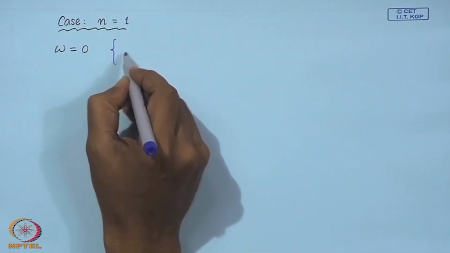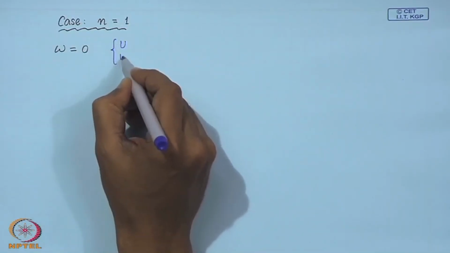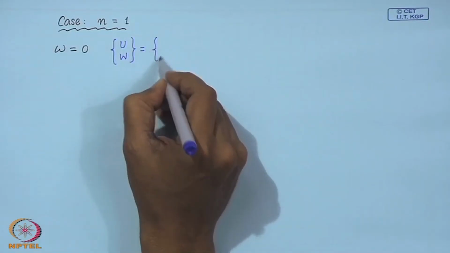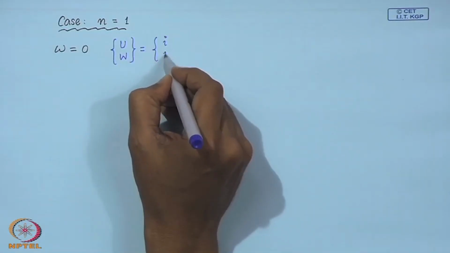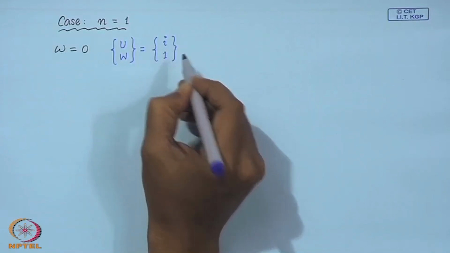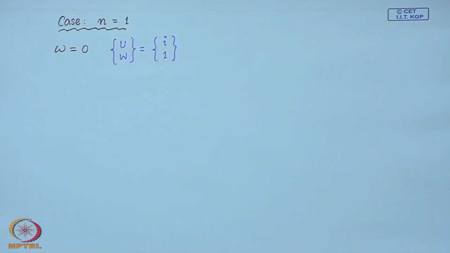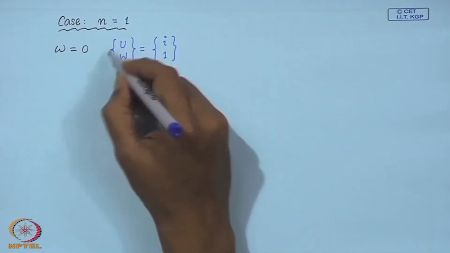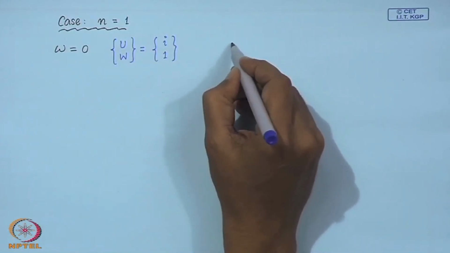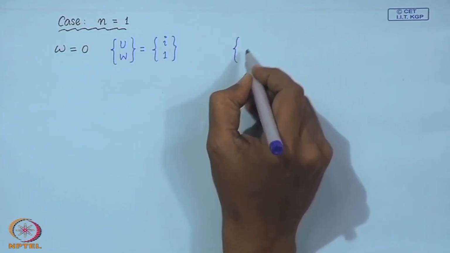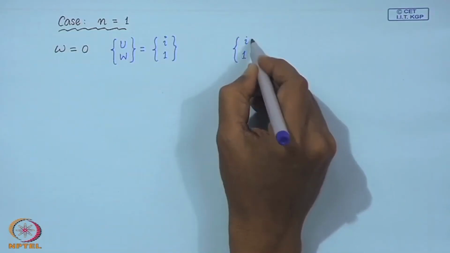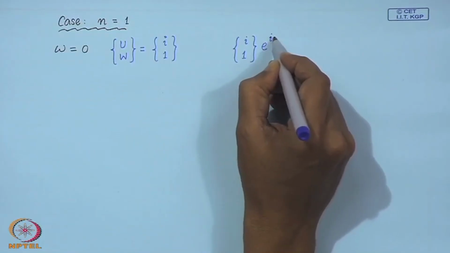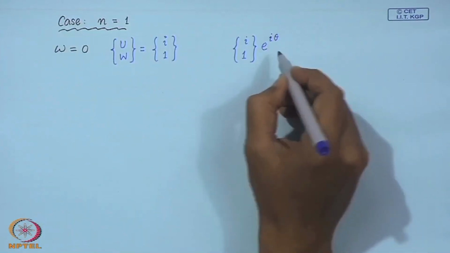If you calculate once again the eigenvectors, they turn out to be i and 1. So, let us see what this means. This gets multiplied, the eigenfunctions are nothing but, so these are the eigenfunctions.